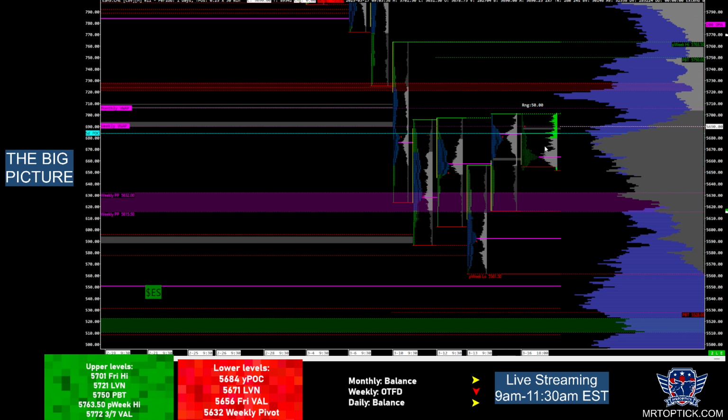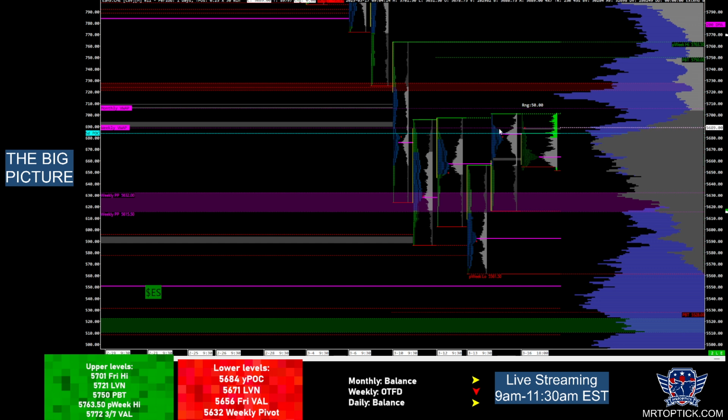So the point of control now for this range is around here, around 56.78 or so. As of now, both ES and Q traded above the previous day's session, and now we're coming back inside the range. So when you have that, you are looking at a move from value area high to value area low.